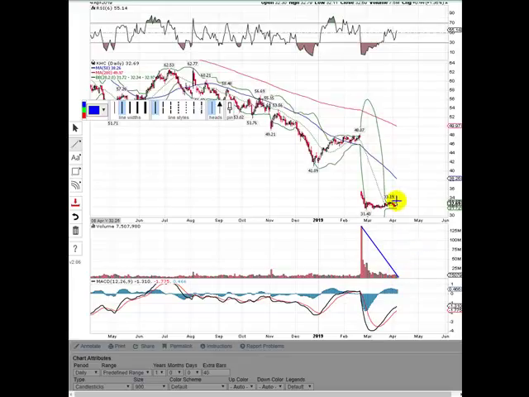Now, with that said, it doesn't mean necessarily that the price has to break out and head immediately higher. Sometimes you can even have it break out and head lower once more before it heads higher. Its first battle will likely be with its 50-day moving average around in there, and then ultimately with its 200-day moving average there.